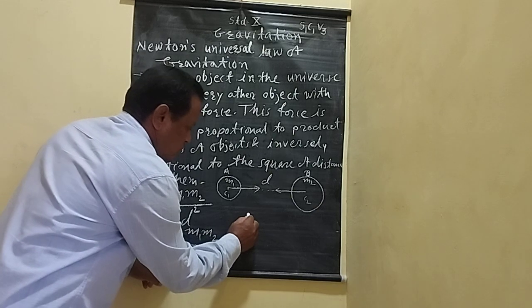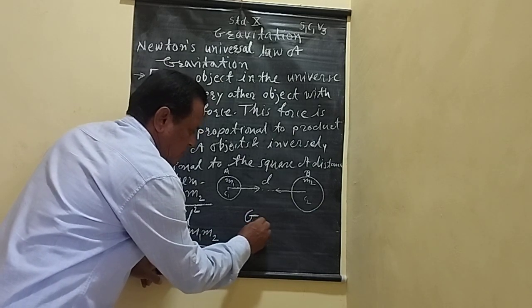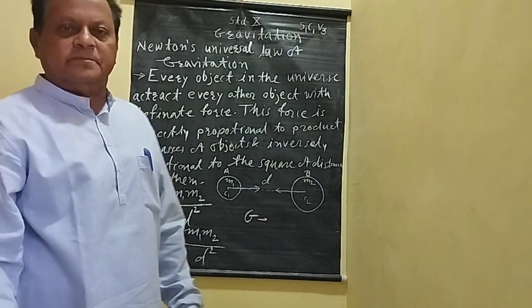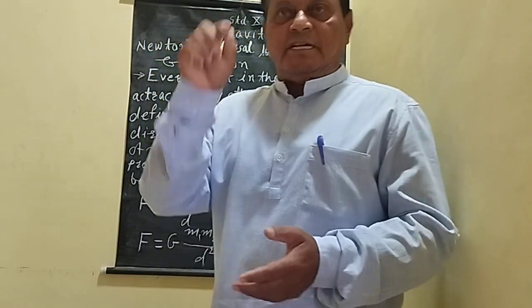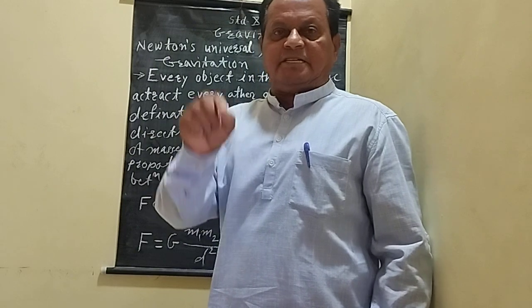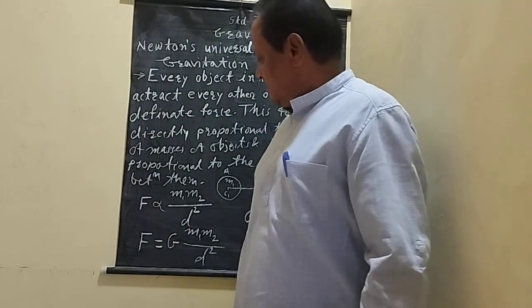As I have told you, G is constant in the universe. The value of G is constant at each and every place in the universe.